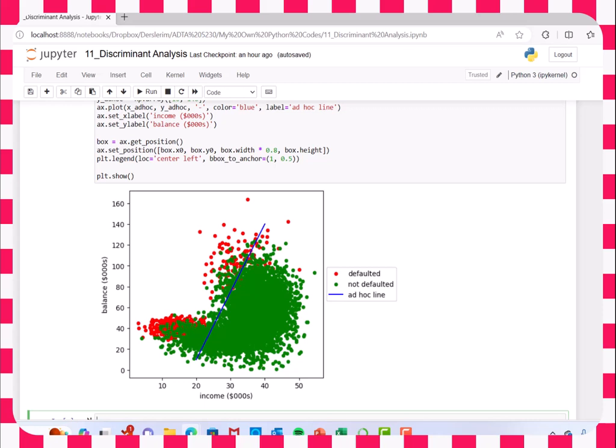So I'm going to find the class means of the two groups, and then depending on the record's distance to the mean, it's going to be classified whether it's going to be in the defaulted data set or non-defaulted data set. As you can see, the income of the green group seems to be larger than the red group, and similarly, the balance of the red group seems to be larger than the green group.